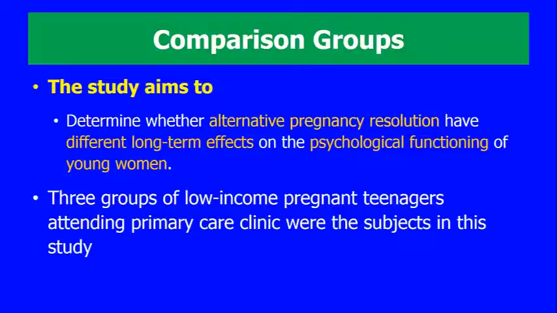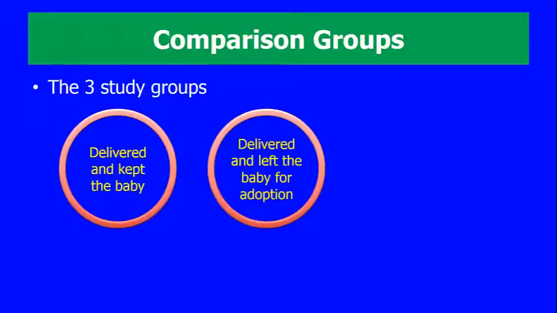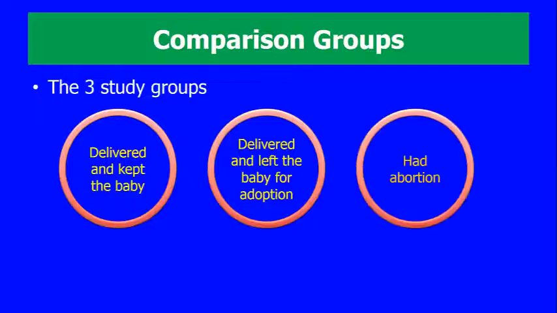But in this study, actually, groups of low-income pregnant teenagers attending a primary care clinic were the subjects in the study. So we have 3 groups. One group delivered and kept the baby. Another group delivered and left the baby for adoption. And a third group had an abortion.